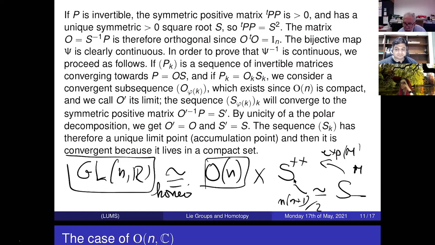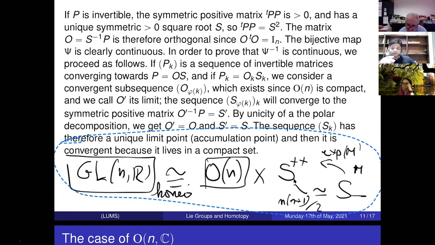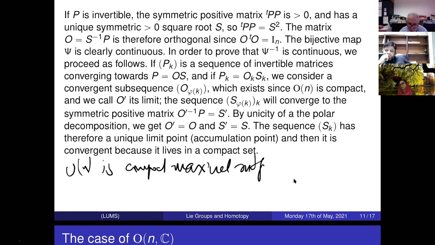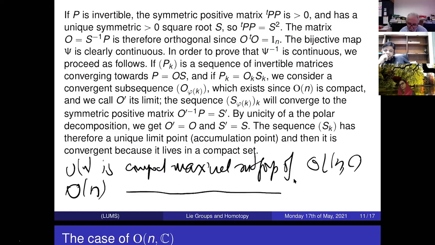Now, a very nice fact, which I will give you here in a quick way. If we have the polar decomposition, it is easy to prove that UN is a compact maximal subgroup of GLNC, and the same for ON in GLNR.